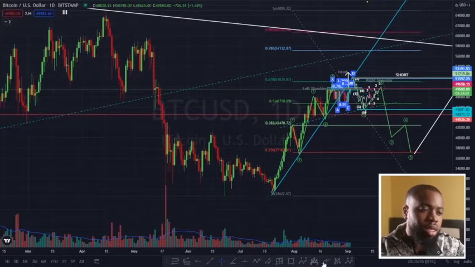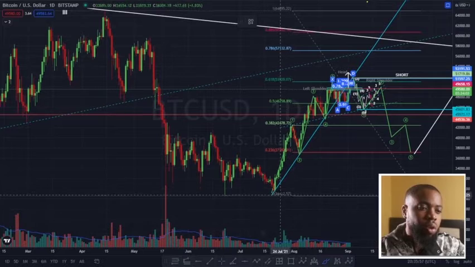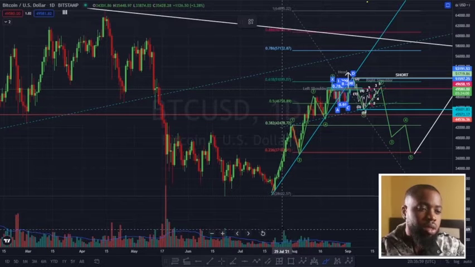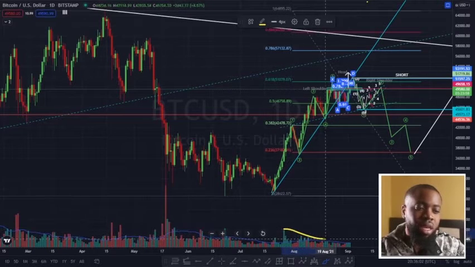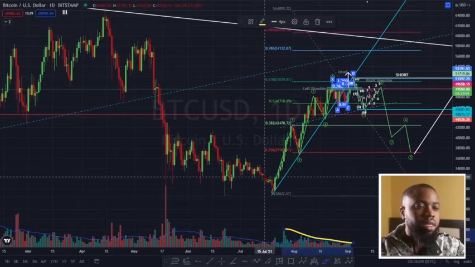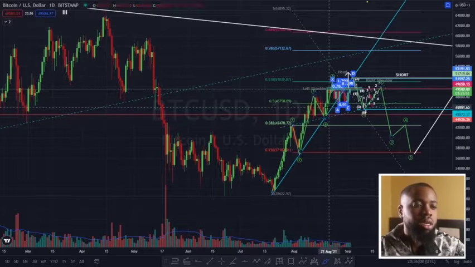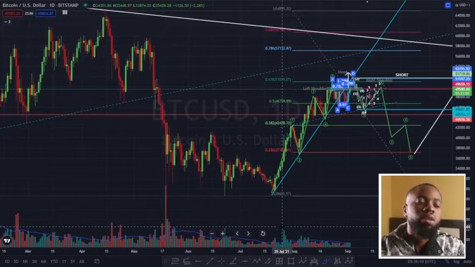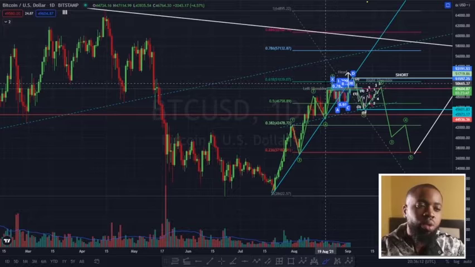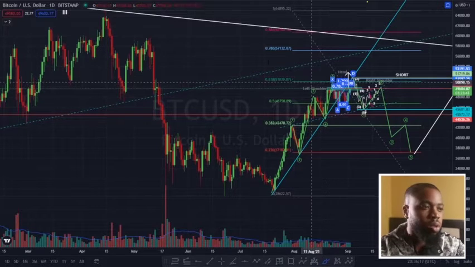We can see that from this pump right here, we've gotten a steady decline in the volume and the price has been going up, right? So this is basic interpretation: volume going down, price going up is bearish. So that's my interpretation for the volume.